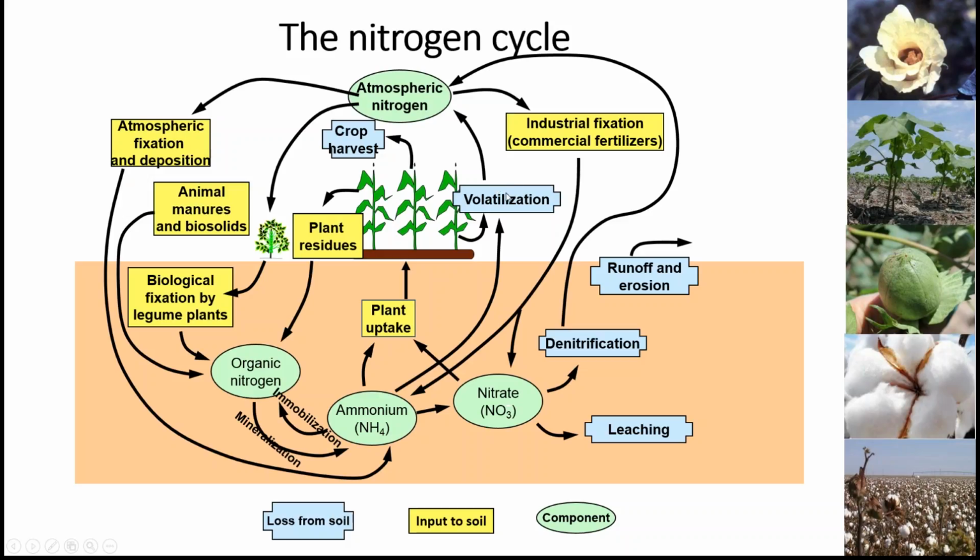Volatilisation losses are associated with particular application practices. Then our biggest risk in irrigated cotton is this denitrification component. So to increase efficiency, it's largely about trying to decrease that somehow. And that's what today's about, is trying to talk about how do we do that?